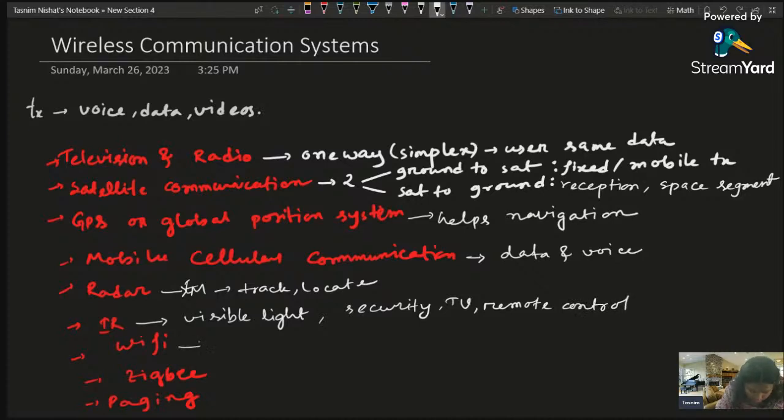Wi-Fi used for smartphones, laptops, and Wi-Fi is portable, it's wireless.